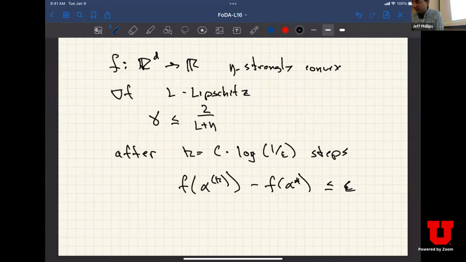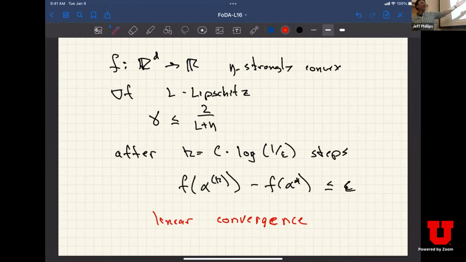This is called linear convergence. The other ones seem like linear convergence too. It's going down at a linear rate, but the log is going down.